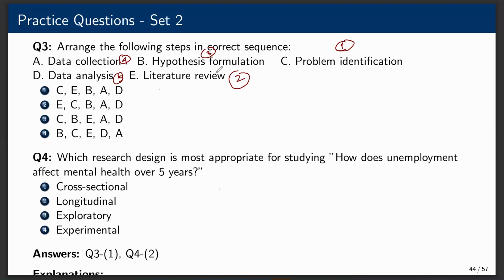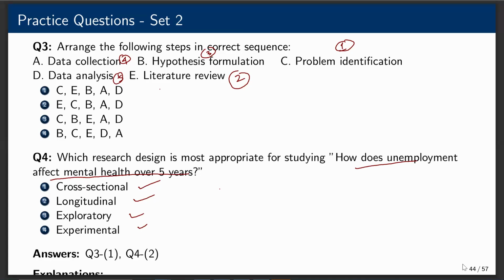So, which research design is most appropriate for studying how unemployment affects mental health over 5 years? Cross-sectional, longitudinal, exploratory, experimental. Madhusmita?